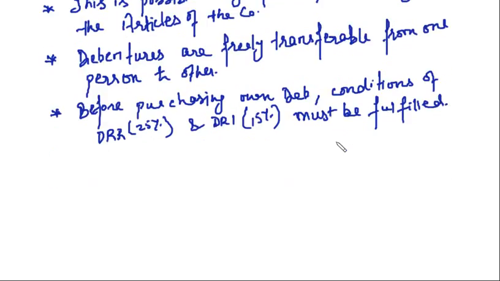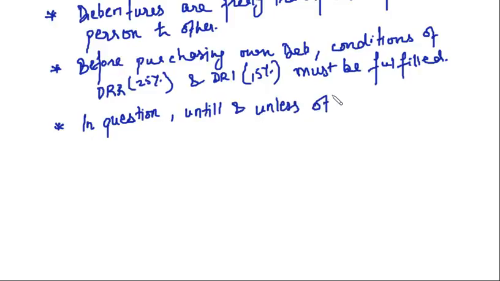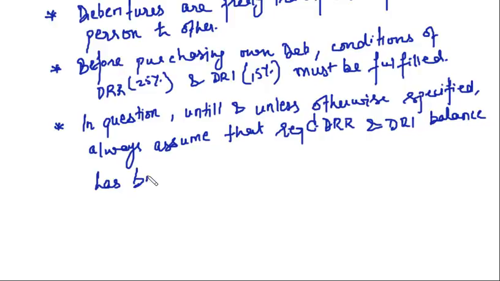But in this case, in the question, until and unless otherwise specified, always assume that the required DRR and DRI balance has been maintained by the company.